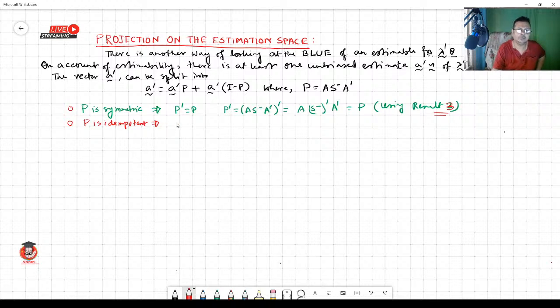So P is an idempotent matrix, that means P square should be P. Can you tell me, is it result 3 or result 2? Check and tell me. So P square equal to P into P, then P equal to A.